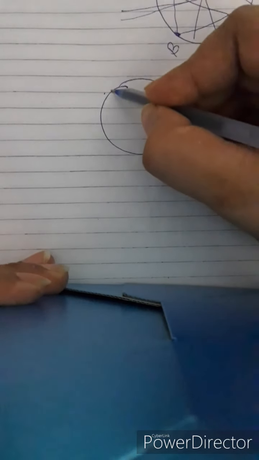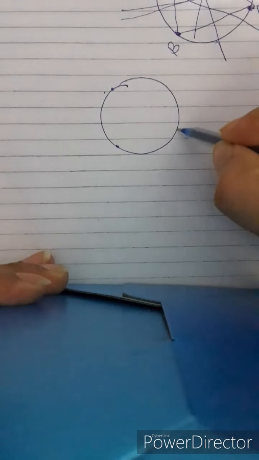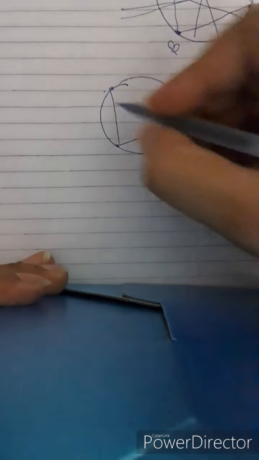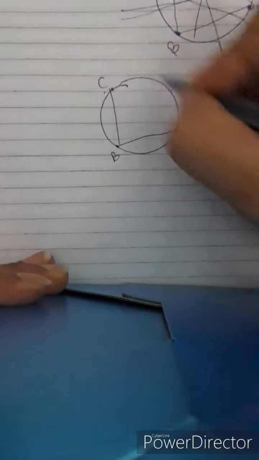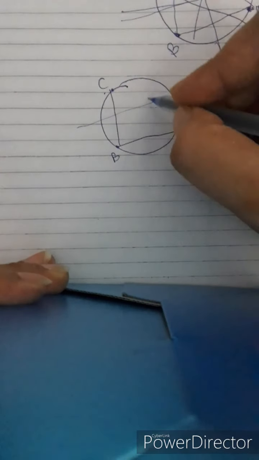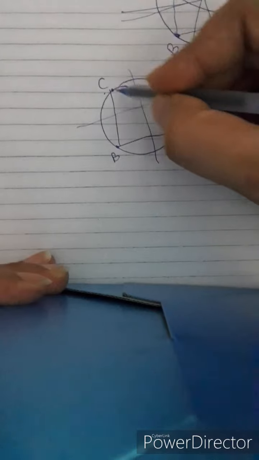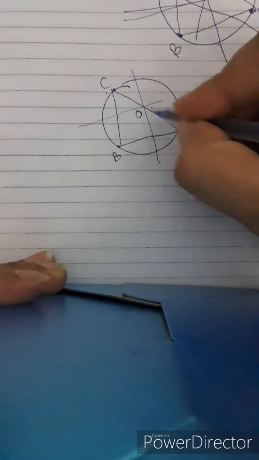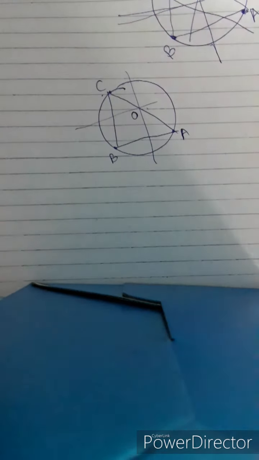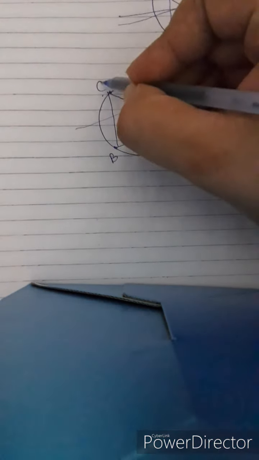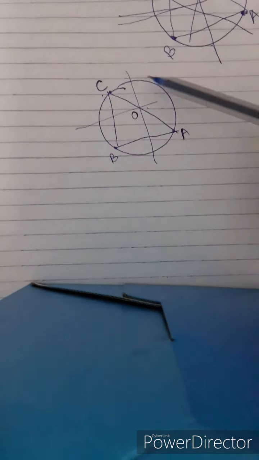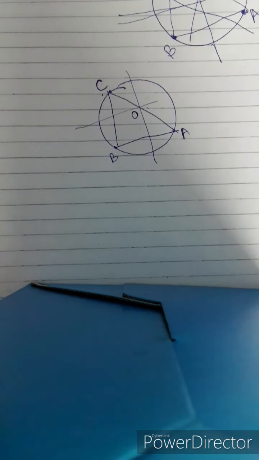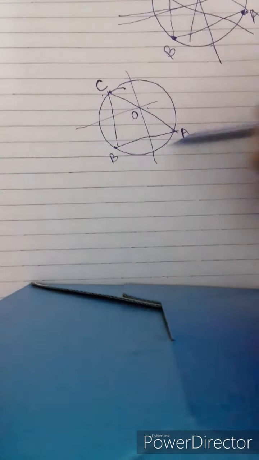This is the circle. These are the 3 points A, B, C. First I'll draw the perpendicular bisectors of both. Suppose this is O. What we have done here is drawn the perpendicular bisectors of the two arms of the triangle thus formed.